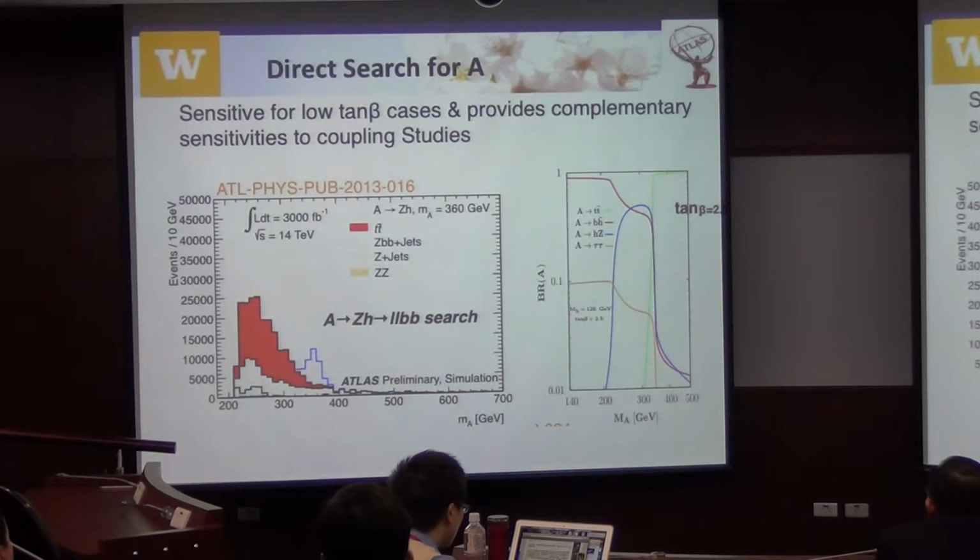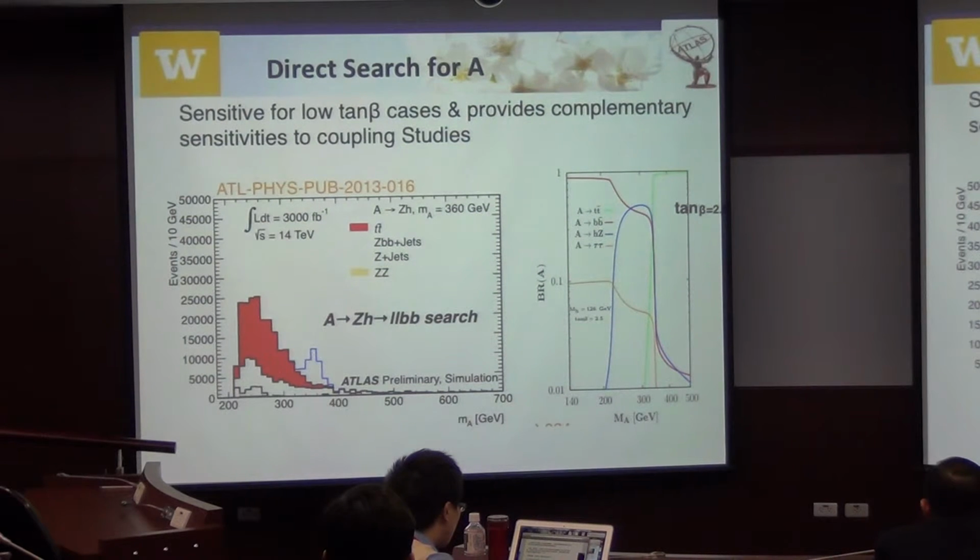So this channel is interesting in a way that it's sensitive to the low tan beta case. If you look at the branching ratio for different decay channels as a function of the pseudo-scalar Higgs mass, for the HZ channel, it has a particular region where it could be dominant, between 250 and 350.